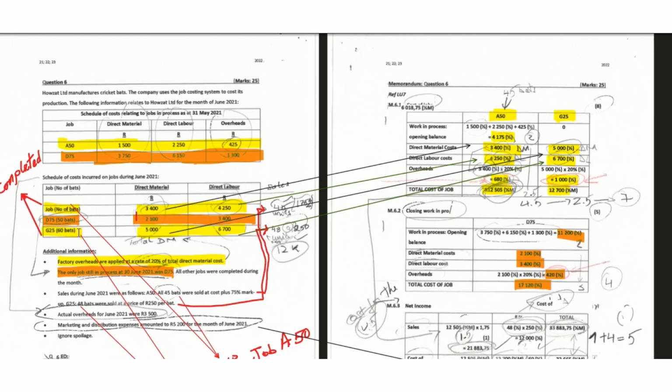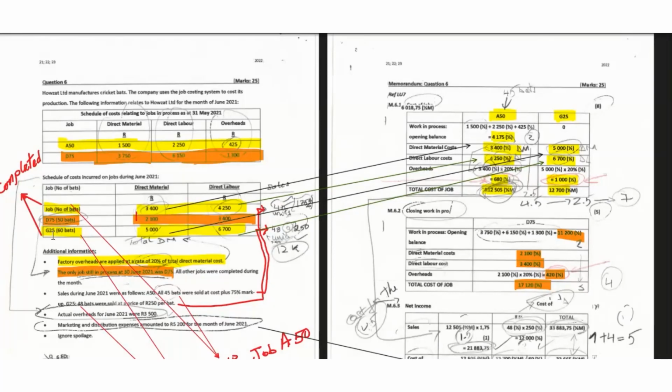You have a job where there's no batch that has been produced. You have D75 and G25.